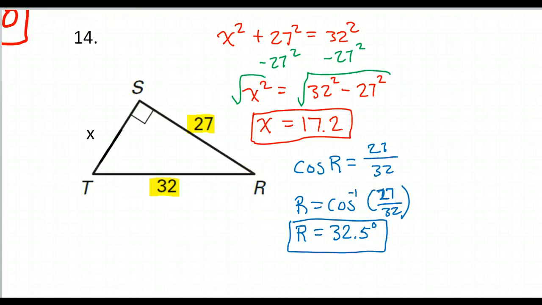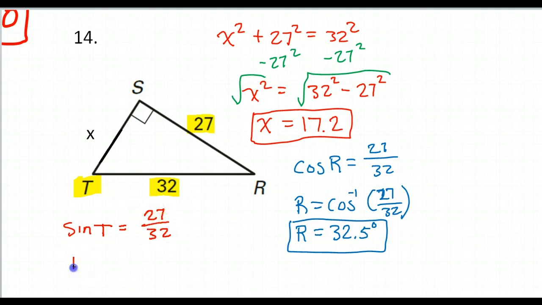So I'm switching from angle R to angle T. So now these numbers become opposite and hypotenuse. So that is the sine function. So now I'm doing sine T is equal to opposite over hypotenuse.